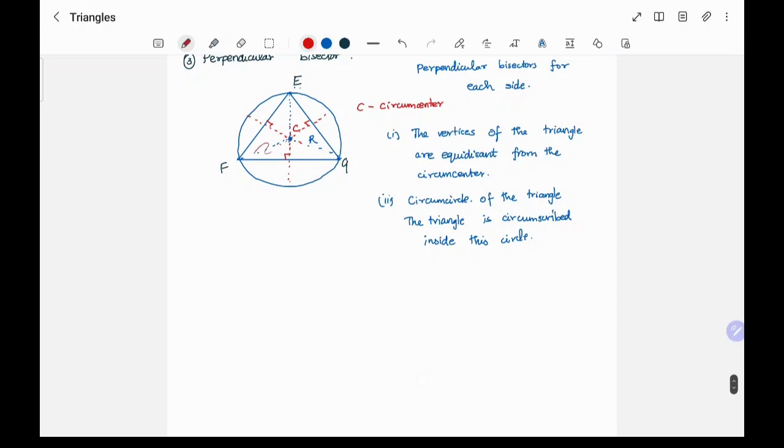So one such property is if you have this angle, let's say theta, it is twice of angle E. So theta is equal to 2 times angle E. So this is one of the properties. And the radius, and the midpoint of the chord FC, is nothing but the perpendicular bisector of the chord itself.